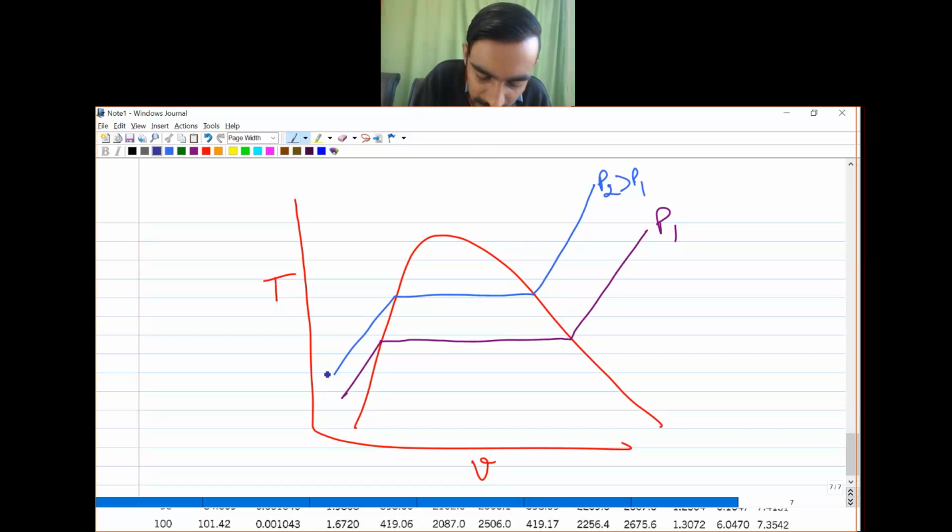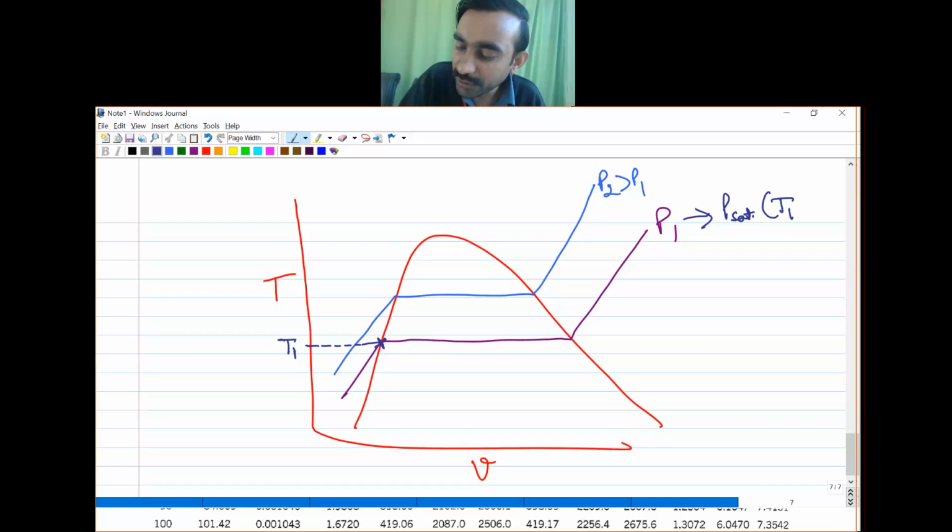Now, say I am pointing to this temperature, T1. If I take a straight line from this temperature T1 and see the location at which it crosses the saturated liquid curve, the constant pressure line corresponding to that point, P1, will be nothing but my P sat at temperature T1.